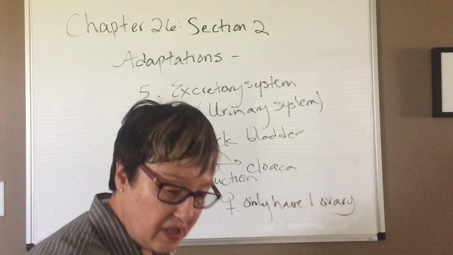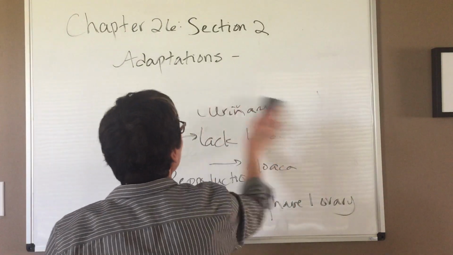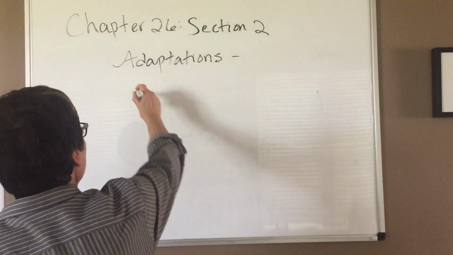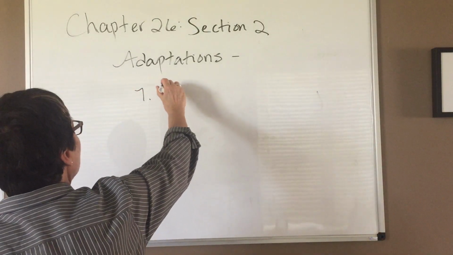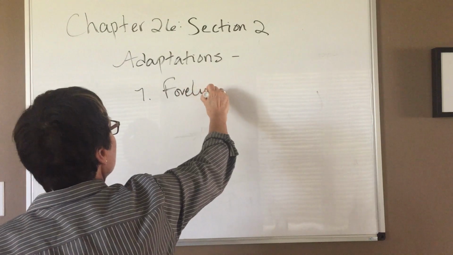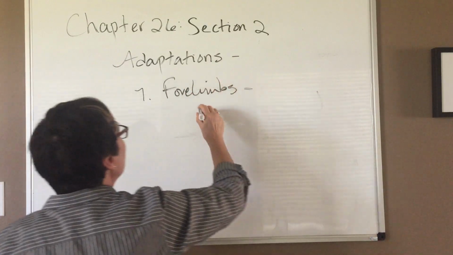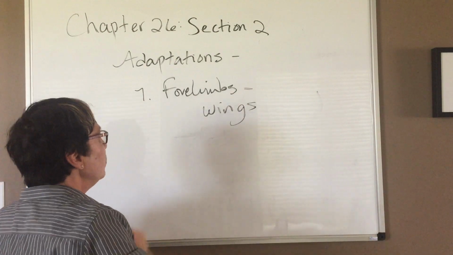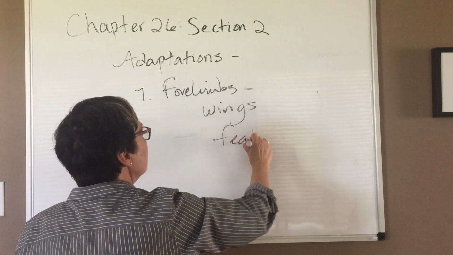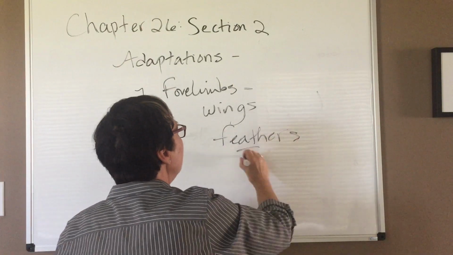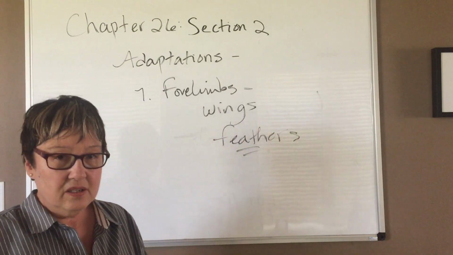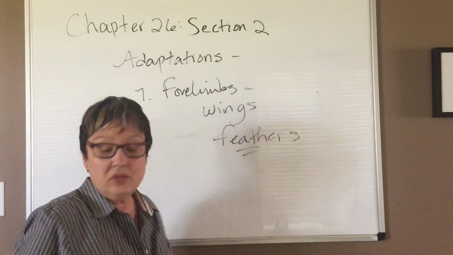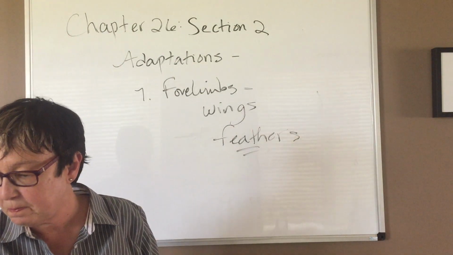And number 7, the forelimbs are now adapted to become wings, and the body is covered with feathers, which are also very lightweight. So they can provide insulation as well as contribute to aerodynamics.